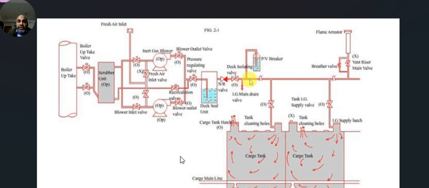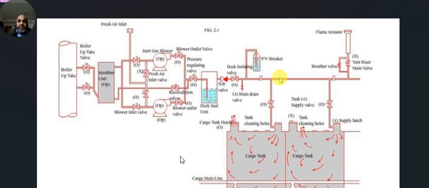Now on the deck, you see this is the main line of inert gas, and this inert gas is connected by a supply valve to the tank like this. This is a sample, and it is also connected to the PV breaker. What is a PV breaker? It is a pressure and vacuum breaker.